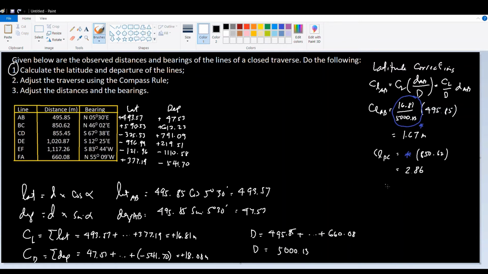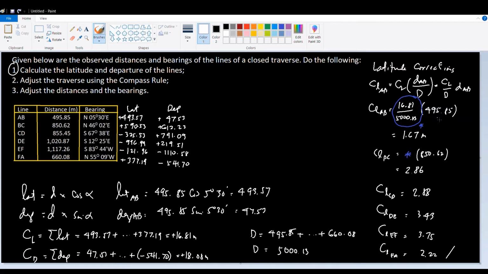We can do that for the rest: CL of CD, CL of DE, CL of EF, and CL of FA. You should get the following values: 2.88, 3.43, 3.75, and 2.22.